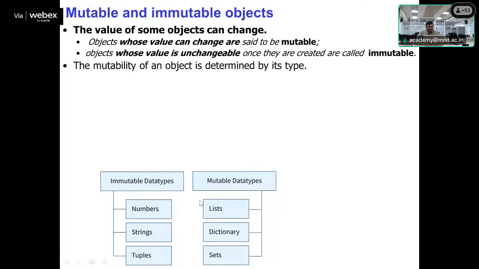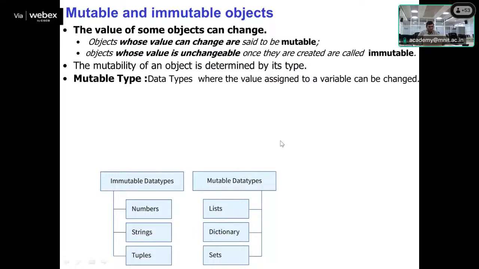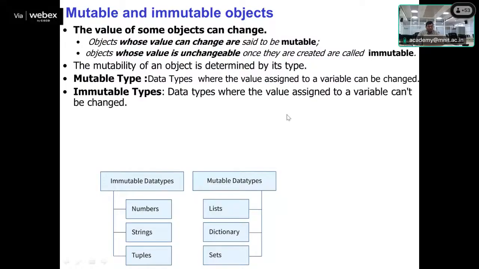If it is a tuple type of object, it is going to become an immutable type of object. If it is a list, it belongs to the category of mutable type of object. A data type where the value assigned to a variable can be changed is mutable. A data type where the value assigned to a variable cannot be changed is known as the immutable type.